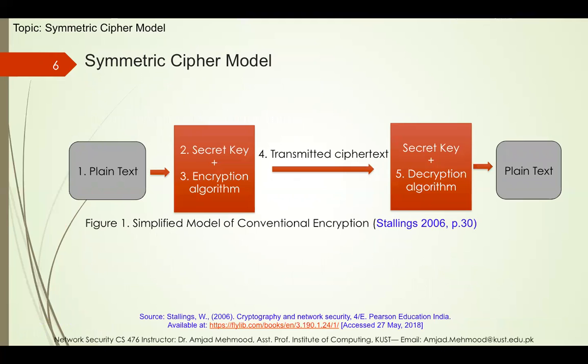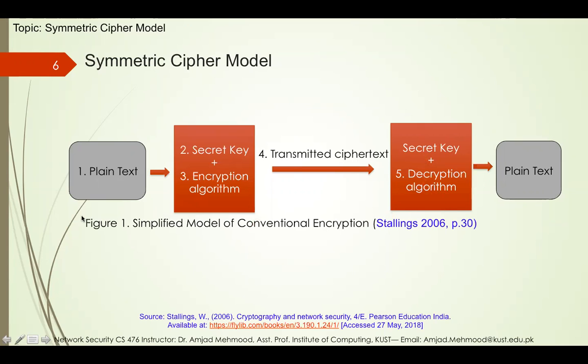You can see here that in this model, let me have a spotlight. Yes. So you have a plain text. This plain text is passed to the encryption algorithm, and you have a security key here. Once you apply the encryption algorithm and security key on a plain text, your plain text will be converted into ciphertext, and then this ciphertext will travel along the communication medium, and then the receiver applies the same secret key and decryption algorithm to get it back.